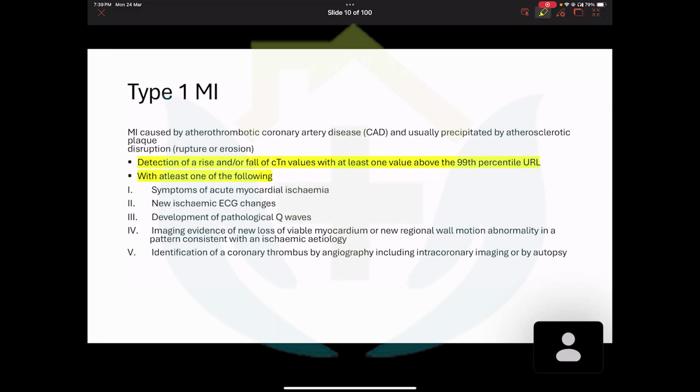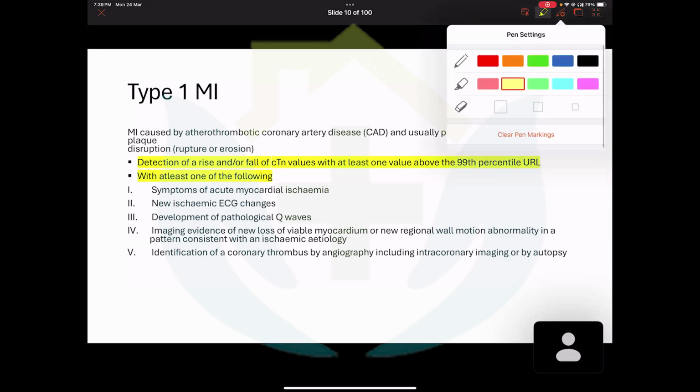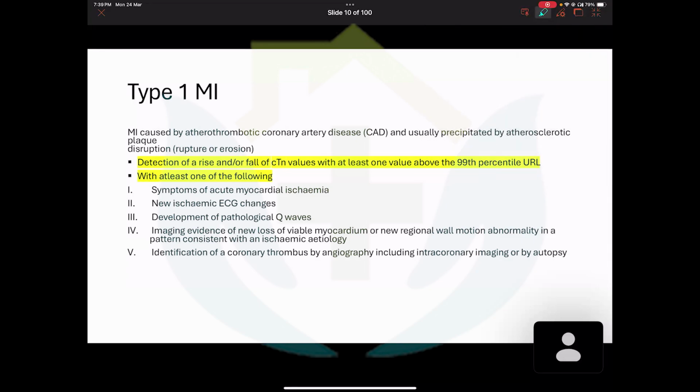So type 1 AMI, how to diagnose it? The diagnosis is pretty straightforward. There will be symptoms, that is chest pain, and new onset ischemic ECG changes. Over hours, after 4 hours, if you repeat, there will be pathological Q waves, which can be absent if you are doing an ECG early enough, or if the patient has presented early enough.